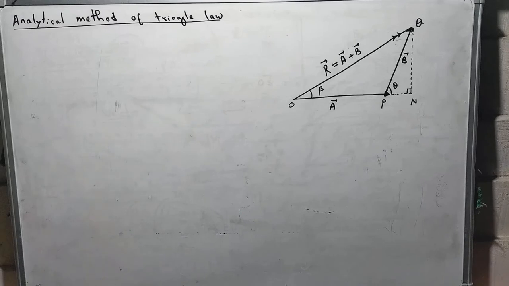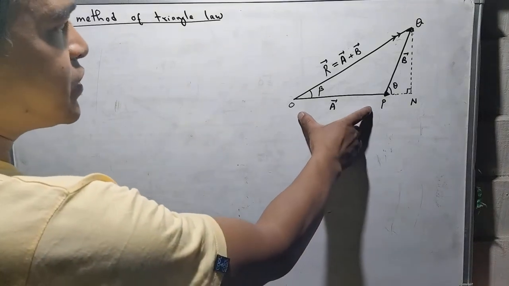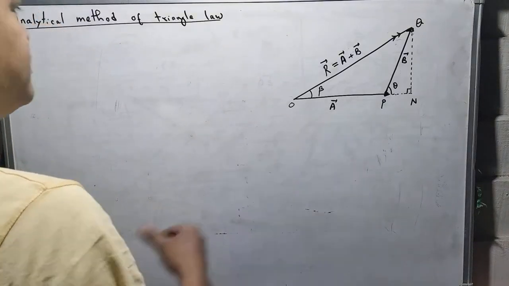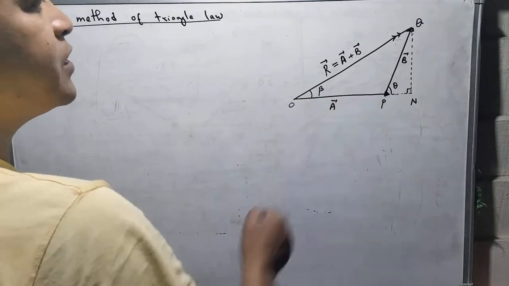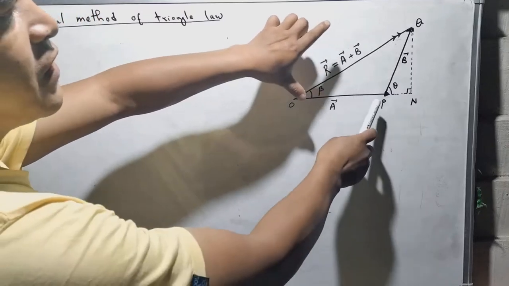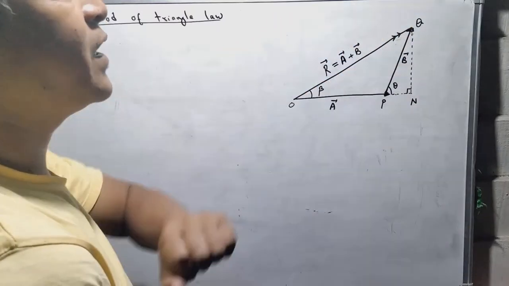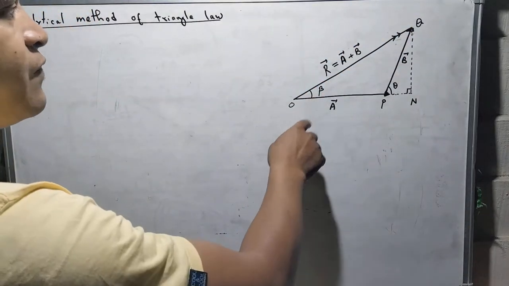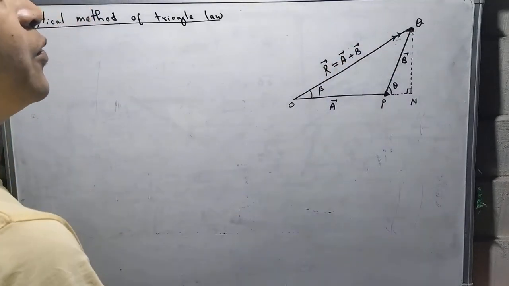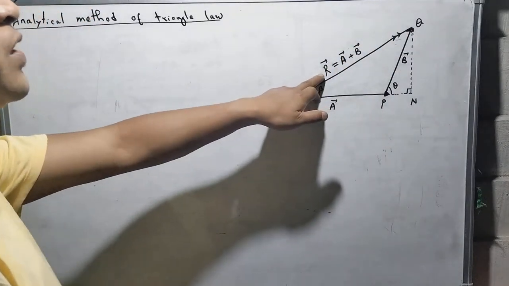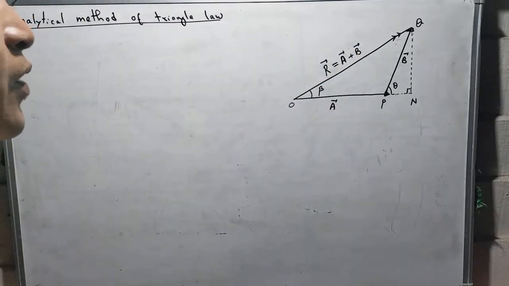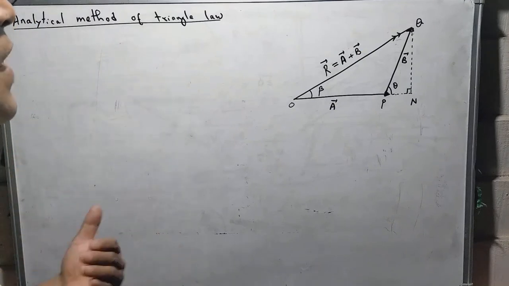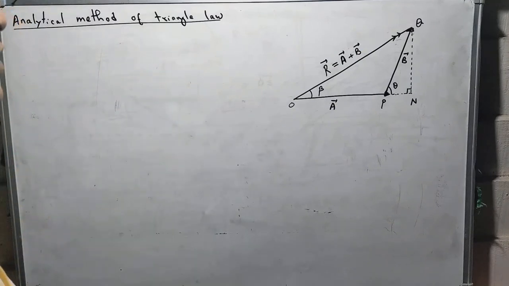In this case, let's say OP represents the vector A in magnitude and direction, and PQ represents the vector B in magnitude and direction. Then the resultant vector OQ gives you the resultant vector R equals A plus B.